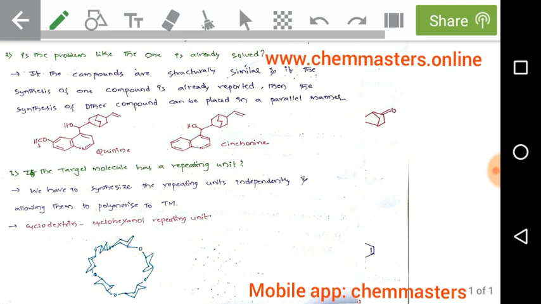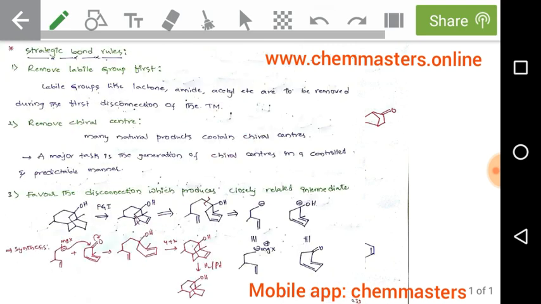Whenever we synthesize cyclohexanol, it is easy to produce cyclodextrin by polymerizing it. Right. Now, strategic bond rules: Corey has also given some strategic bond rules. In that, first we need to remove the labile group first. Labile group means simply the very reactive groups like lactones, amides, acetyl groups, etc.